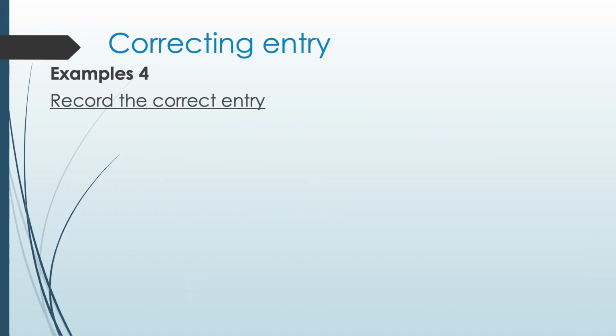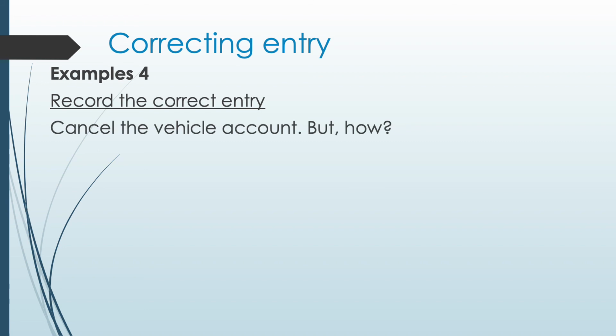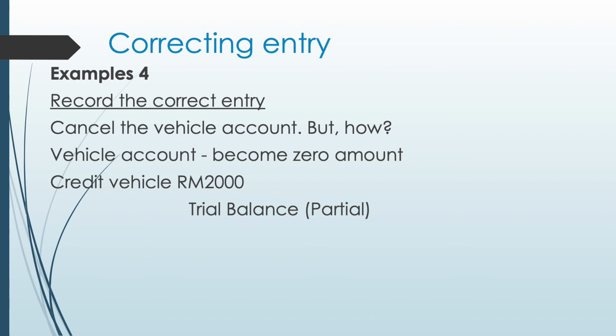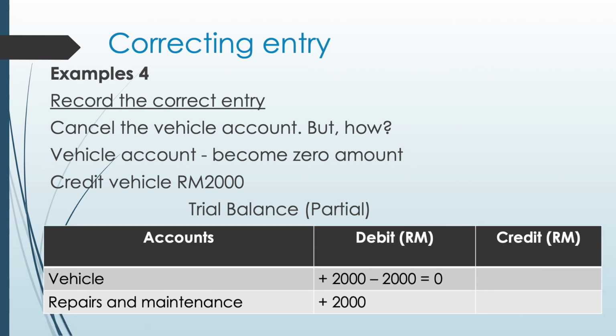Record the correct entry. Cancel the vehicle account. But how? Vehicle account has to become zero amount. By credit vehicle another 2,000 ringgit. So therefore, trial balance partial: vehicle plus 2,000 ringgit minus 2,000 ringgit to become zero.